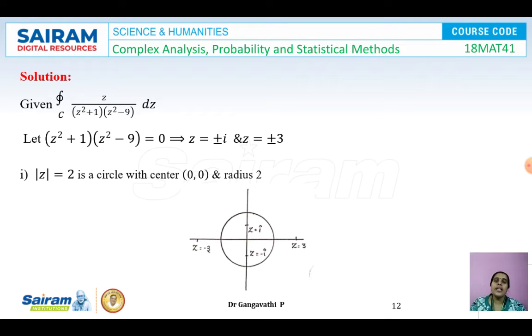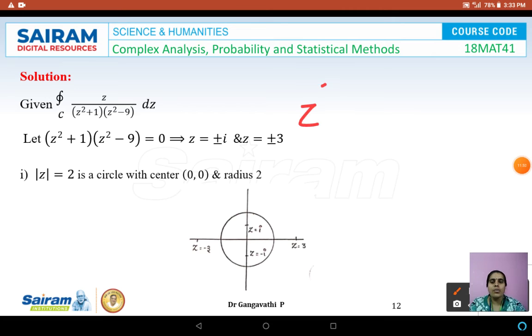We have to rewrite the given equation. So consider z square plus 1 into z square minus 9. This term is equated to 0 and this term is also equated to 0. So when I take z square plus 1 equal to 0, z square is equal to minus 1.